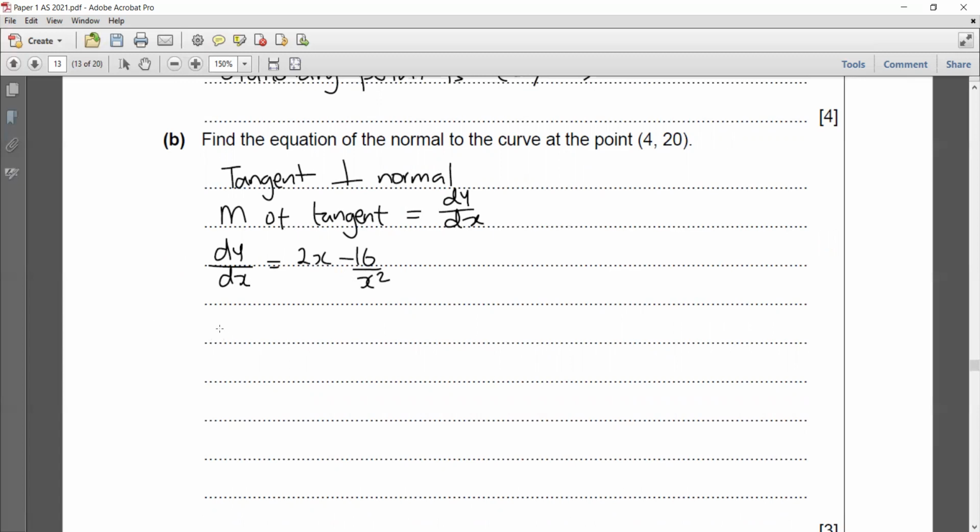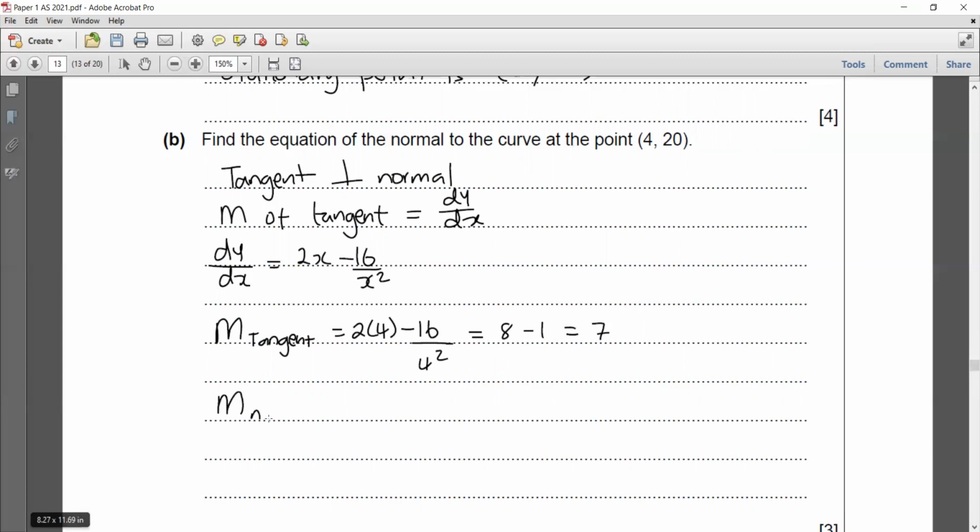So we find the gradient of the tangent by substituting the x coordinate here. The x coordinate is 4. So we have 2 times 4 minus 16 over 4 squared. So this is 8 minus 1, which is equal to 7.